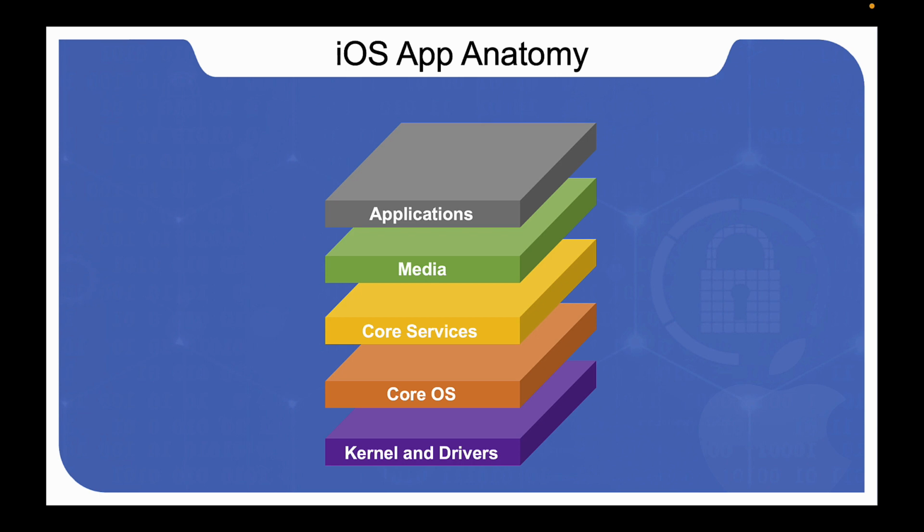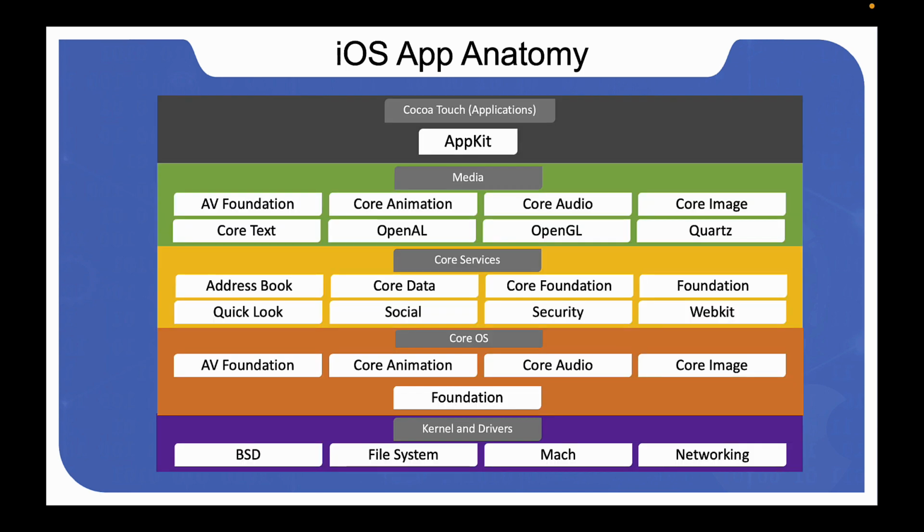The core services layer is mainly responsible for security. The core OS layer is a low-level feature layer that is mainly responsible for the accelerate frameworks in addition to some Bluetooth technology. So let's go into more detail on that slide.